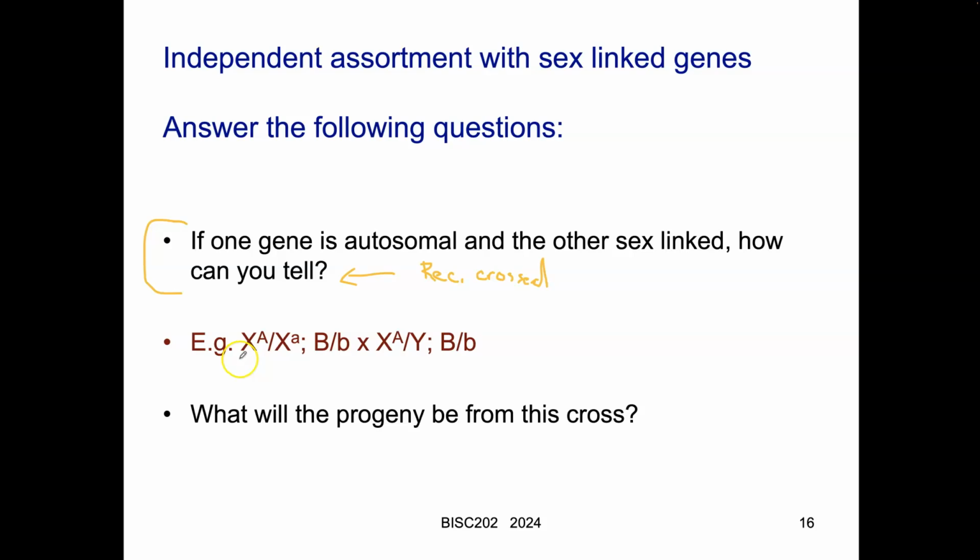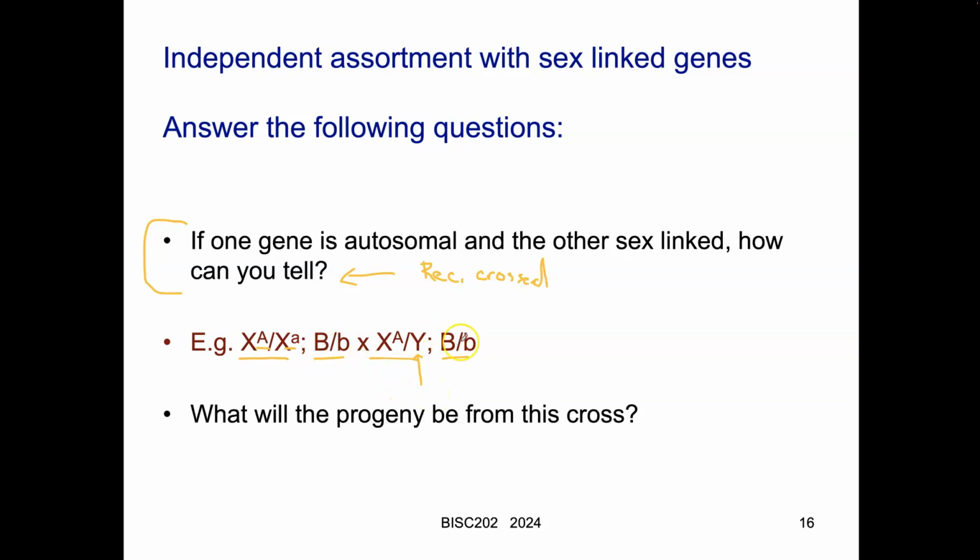Suppose, for example, you have heterozygous females for an X-linked A gene, males hemizygous, of course, just the dominant, and then heterozygous for the B gene. You would figure this out the same way you would figure out what I showed before, except that the probabilities and the genotypes are going to be different. The females can provide a dominant or a recessive allele to their progeny, and if the progeny are male, that's the only allele they're going to get because that comes from their mother.